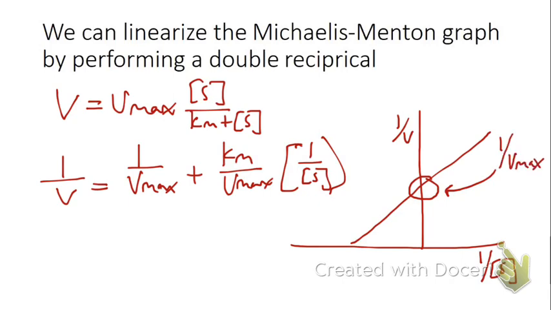A lot more precise than what we can do with a hyperbolic curve. And then we said this point where it crosses the x-axis is 1 over Km. Not only is it 1 over Km, but we have to put a negative sign because you cannot have a negative Km.